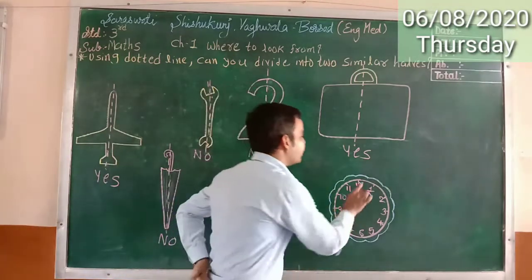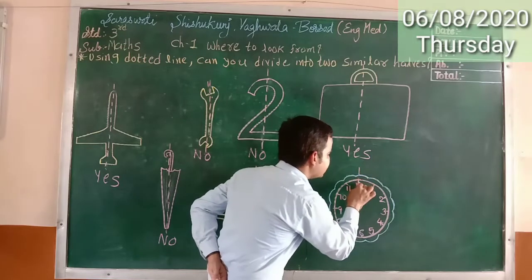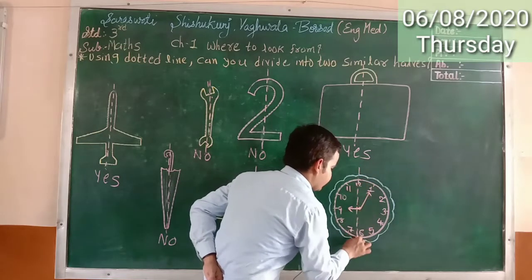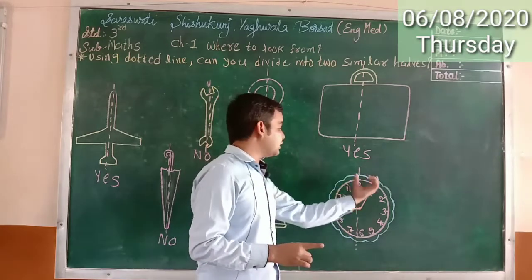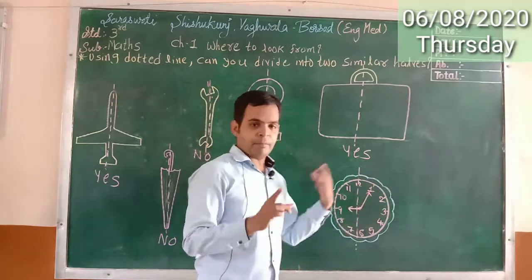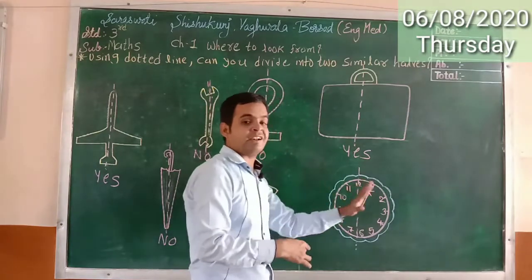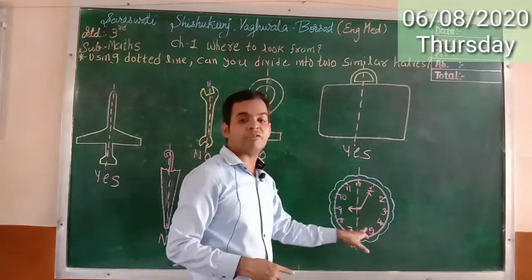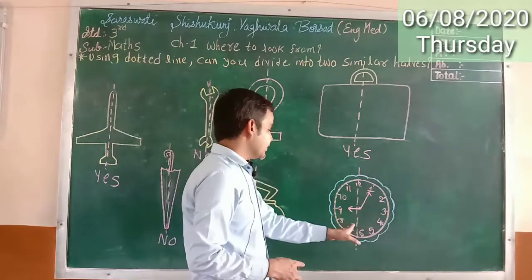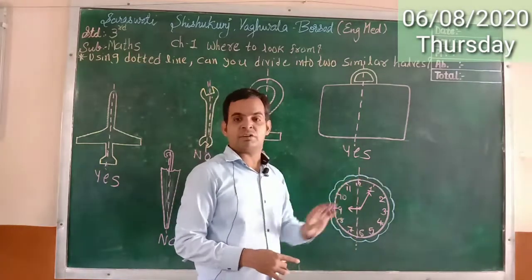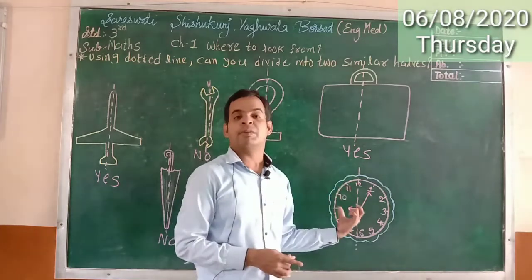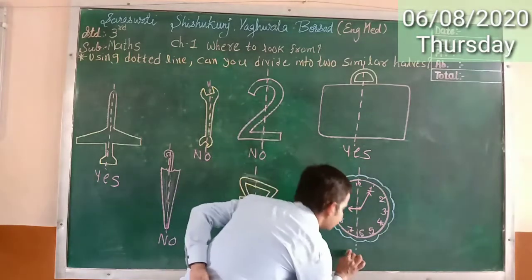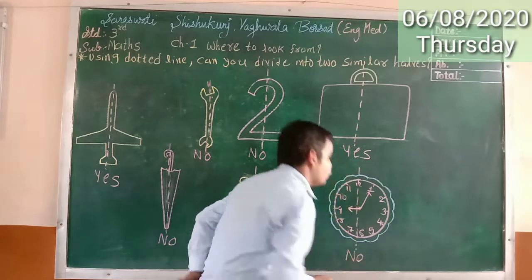If I divide this clock using a dotted line, the shape is a circle, right, but if you see the numbers on both sides, here 1 2 3 4 5 6, and this side 7 8 9 10 11 12, both side numbers are different. So this figure is not mirror halves. So here our answer is no.